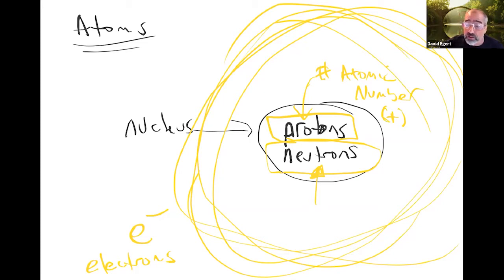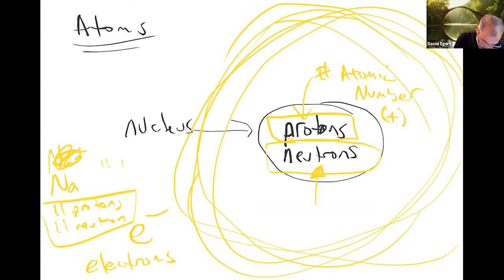In fact, in a medical context, the main reason we care about neutrons is there are certain, in fact, what do we call, if I have a version of sodium, again, sodium has 11 protons, and I can have sodium with 11 neutrons, or I can have sodium with 11 protons and 12 neutrons. It's actually, both of them are common.